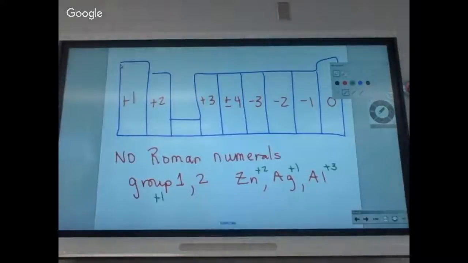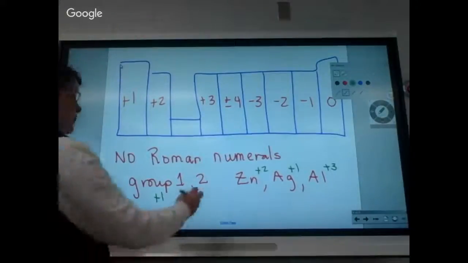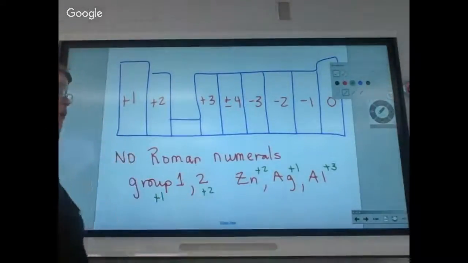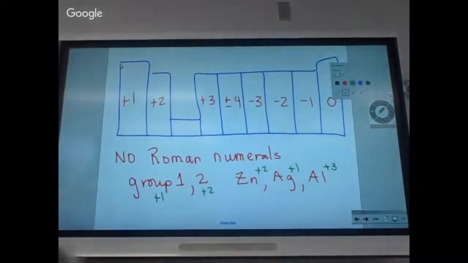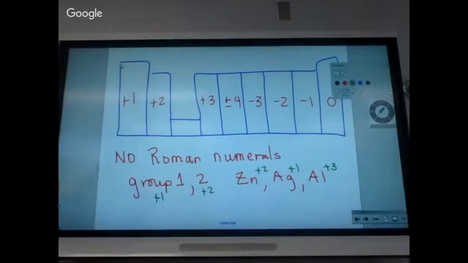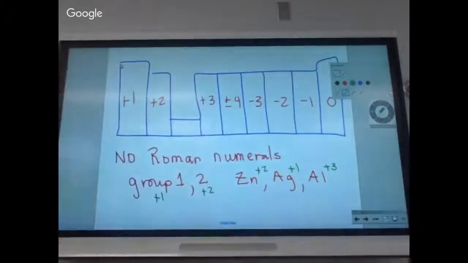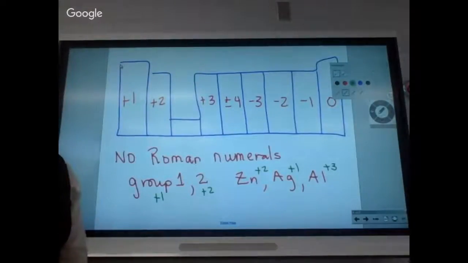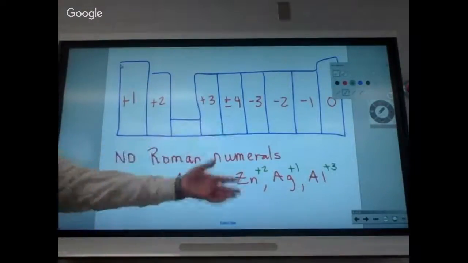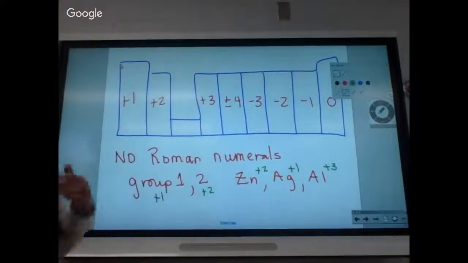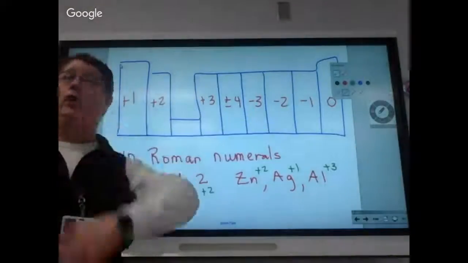Group 2 is always what? +2. Now, if you're not in group 1, if you're not in group 2, or you're not one of those three, zinc, silver, or aluminum, you must either give someone a Roman number or you have to write a Roman number. Okay? These are the only ones who don't get a Roman number.